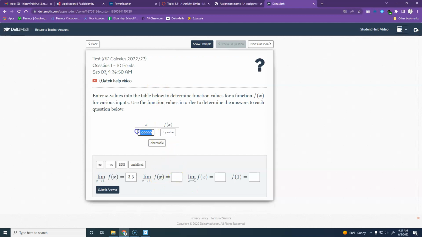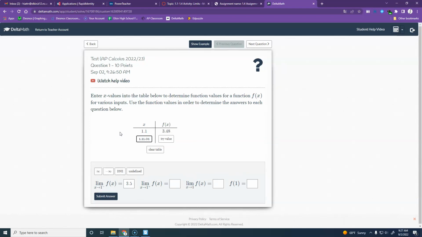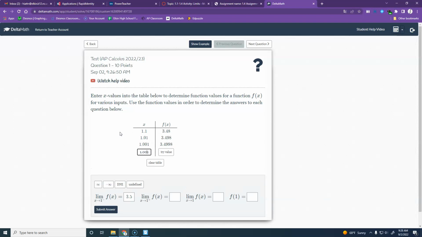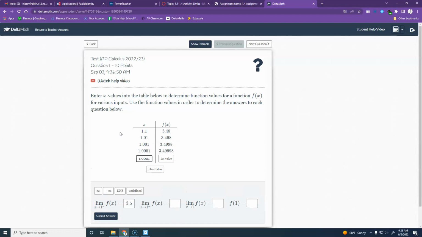From the right, you would have like 1.1, 1.01, 1.001, 1.0001. It appears that you're also approaching 3.5 here.